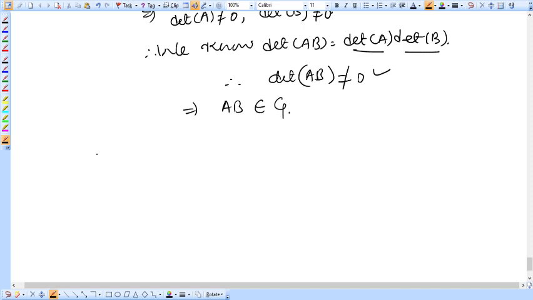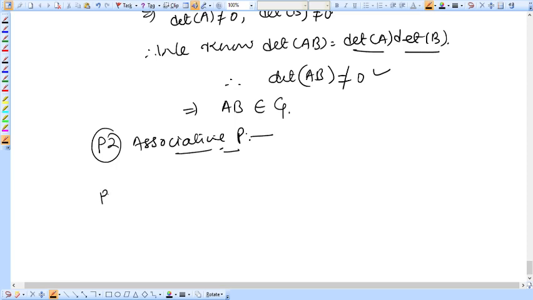Secondly, property 2, associative property. Okay, in this property you will write that, we know all the matrices obey associative law under matrix multiplication, therefore this set also satisfies associative law.